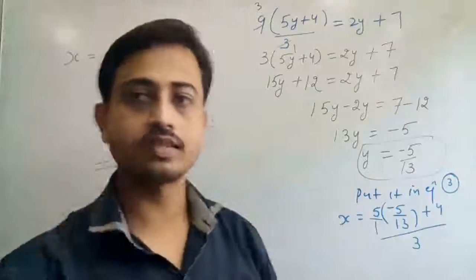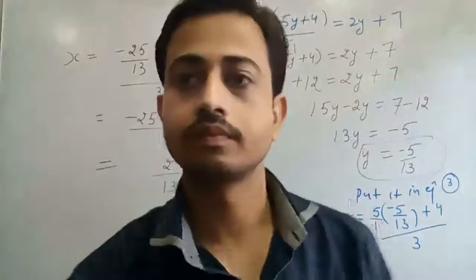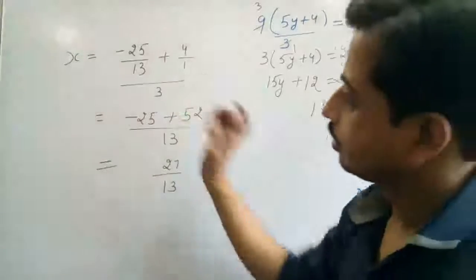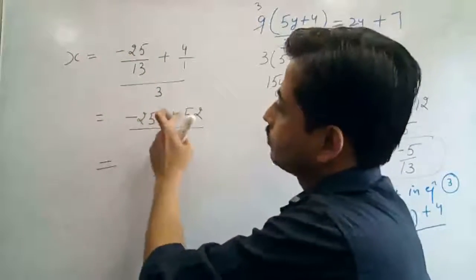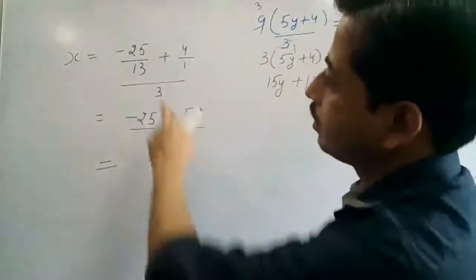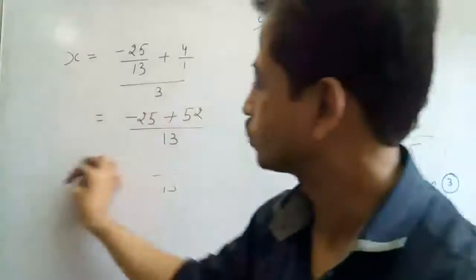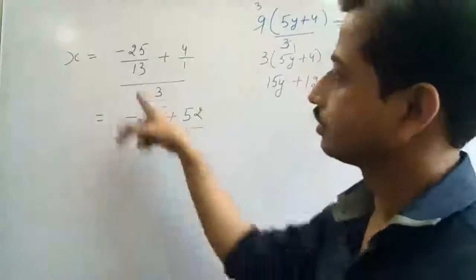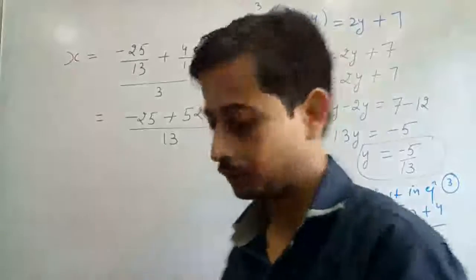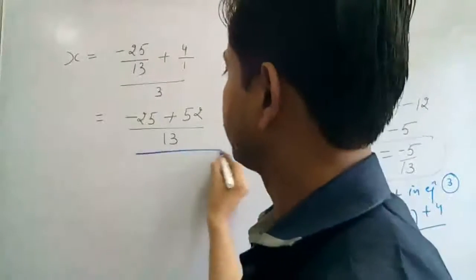Please make a note first. Now look at this, this is minus 25 plus 52 by 13, and we have to also write 3. We forgot this 3 also, so write it, divided by 3.